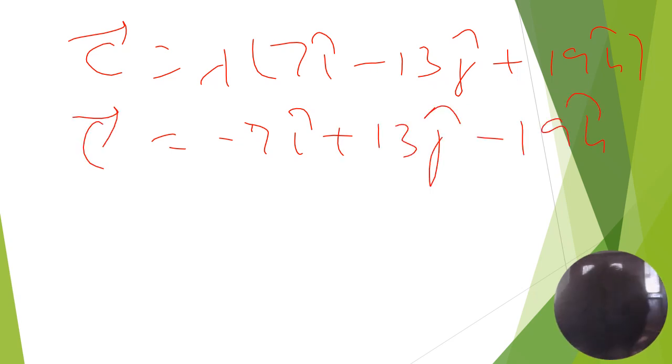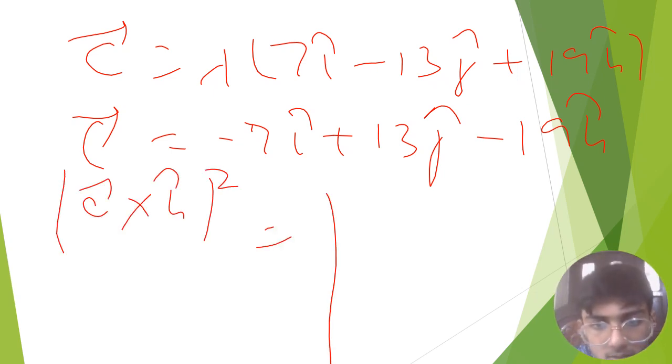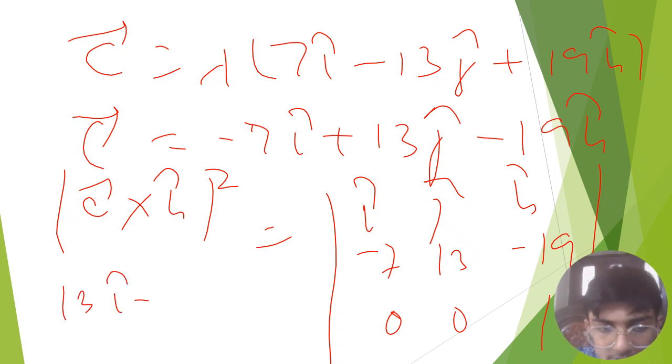Now we have to compute C cross K and then the magnitude whole square. i j k, minus 7, 13, minus 19, 0, 0, 1. That is 13i cap minus j cap minus 7, so 13i cap plus 7j cap.